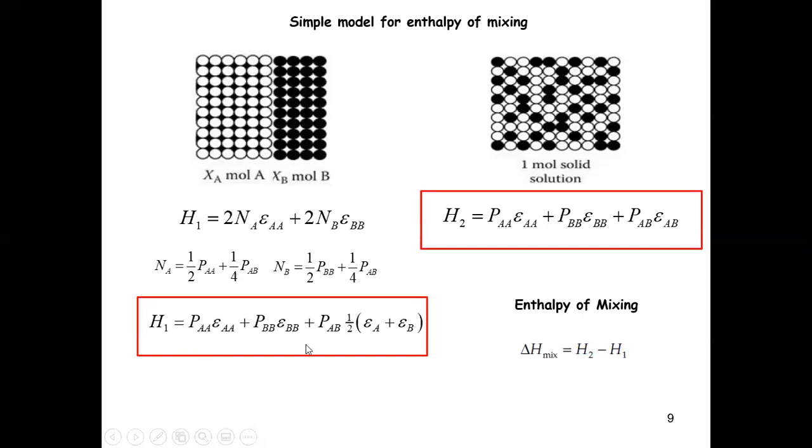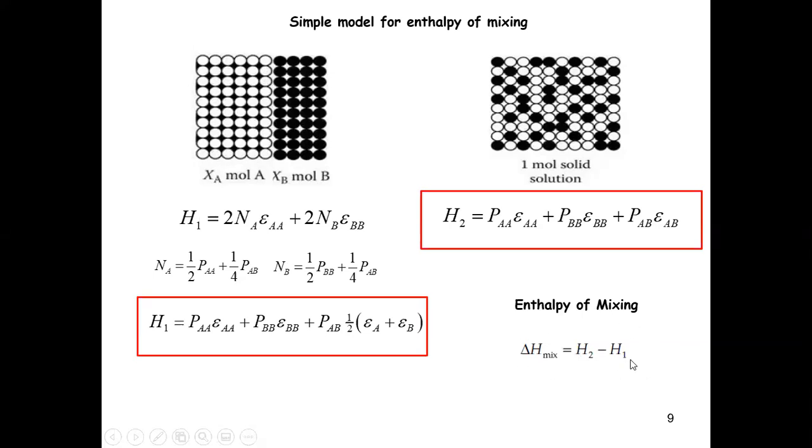If you look at this and look at that, you see that these two terms, the terms associated with AA and BB interactions, play the same role or contribute in the same fashion for both systems. And the only difference we have is the cross terms, right? So these terms associated with PAB. This is even clearer when you do this difference.